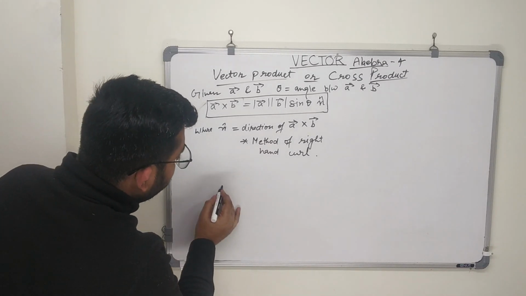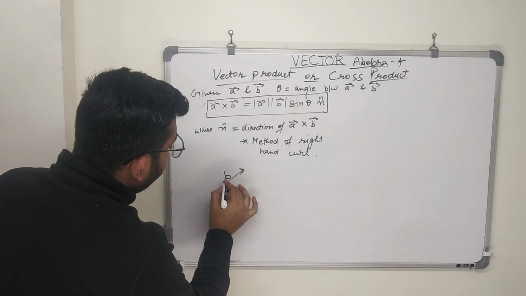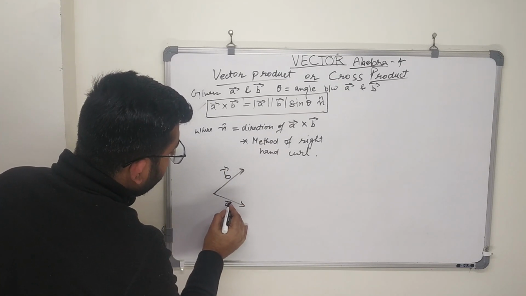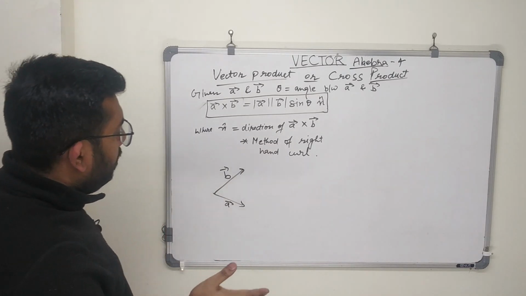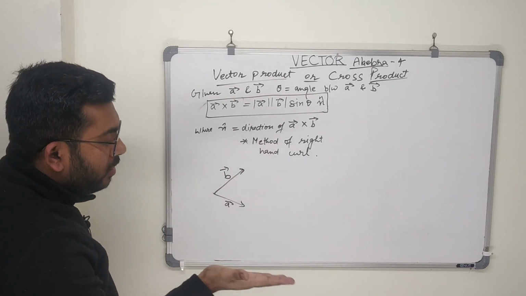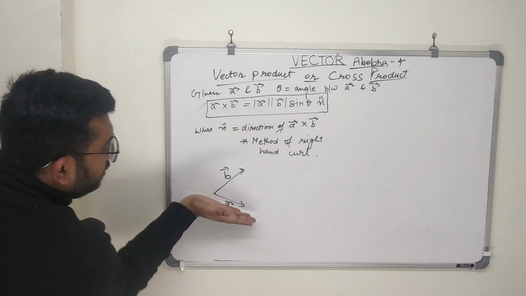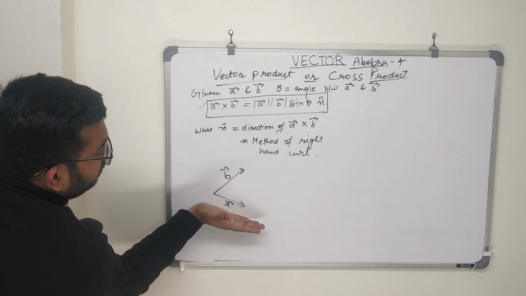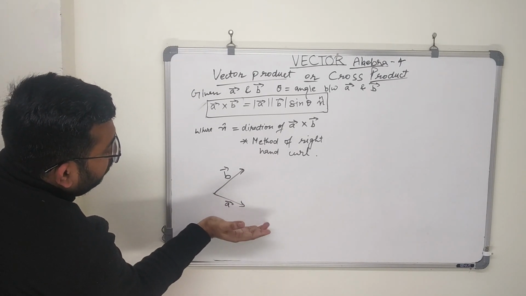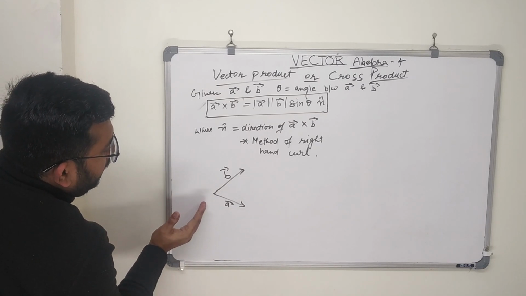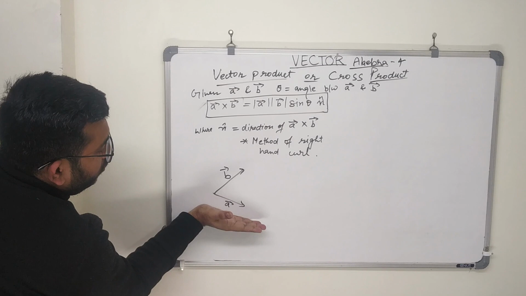Suppose that this is vector A and this is the vector B. So by the method of right hand curl, we will first point our fingers in the direction of A vector, that is this is the A vector, and now move our fingers, or you may call it curl our fingers, in the direction where the B vector is pointing towards, that is in the direction of B vector.